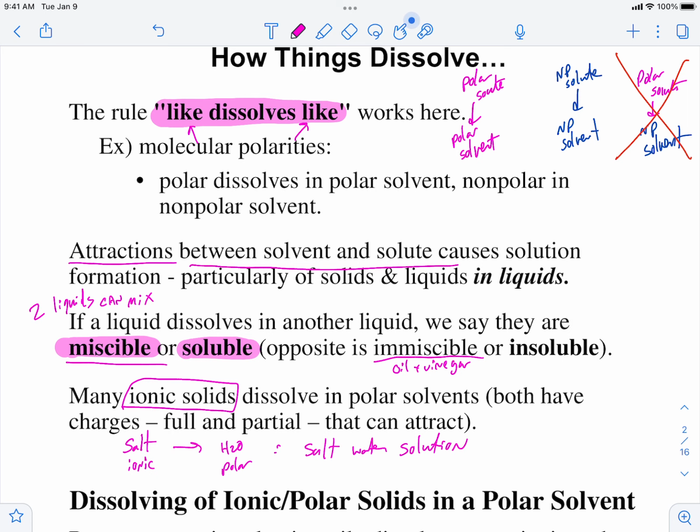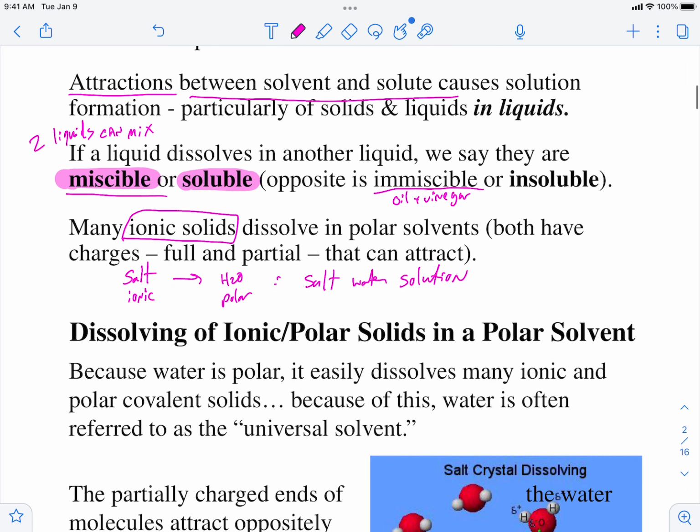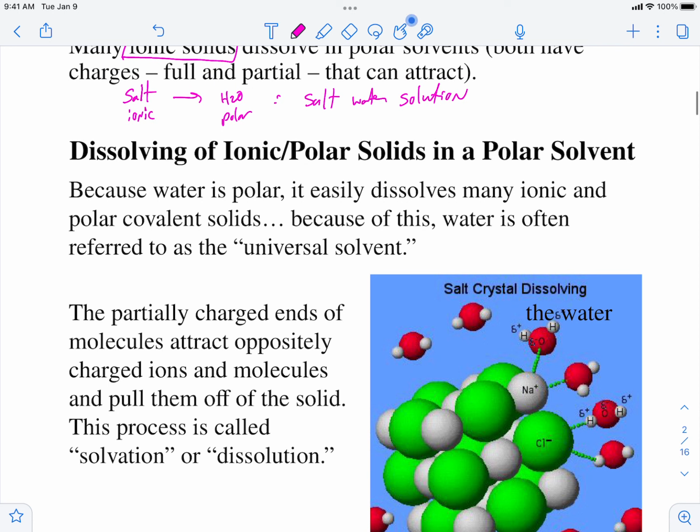So let's take a closer look at that. This picture here shows us a crystal of salt. So this structure where we alternate positive, negative, positive, negative, positive, negative, this structure here is what we call a lattice.